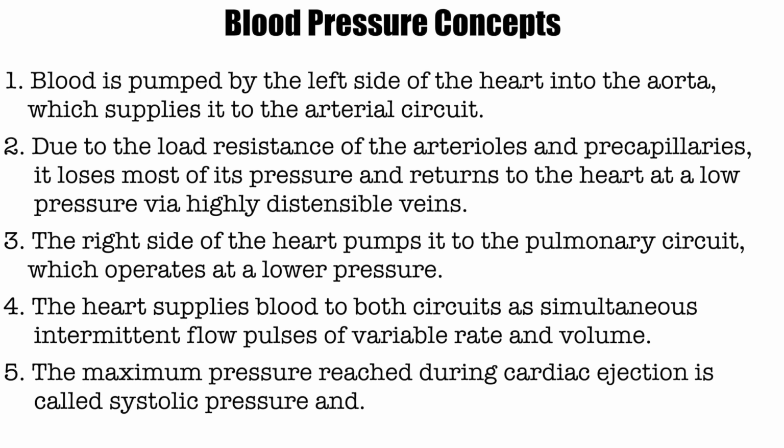The heart supplies blood to both circuits as simultaneous intermittent flow pulses of variable rate and volume. The maximum pressure reached during cardiac ejection when heart contracts is called systolic pressure, and the minimum pressure occurring at the end of ventricular relaxation is dubbed as diastolic pressure.